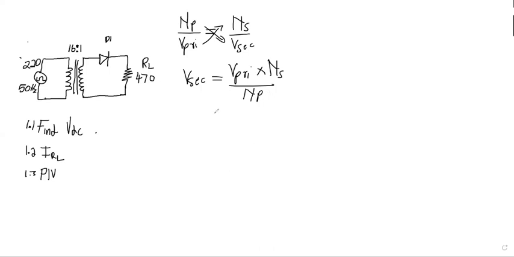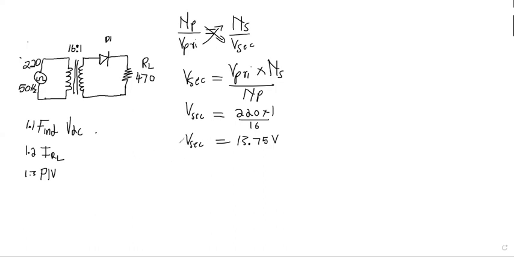So V sec is 220 times 1 divided by 16, which is 220 divided by 16. Our V secondary is 13.75 volts. Please don't forget the units, because they might penalize you for not putting them. So V secondary is 13.75 volts.